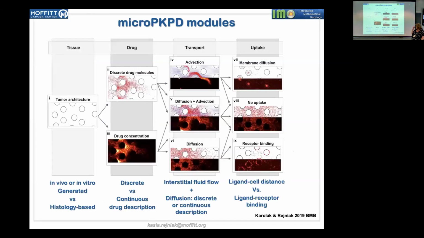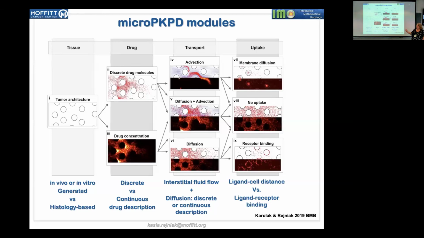Okay, so the micropharmacology framework that we want to use, depending on the problem, we can use different modules. We are interested in the tissue architecture, so we will have the tissue structure. When it comes to the drug or metabolites, we could incorporate discrete drug molecules or metabolite molecules, or continuous drug concentrations. When it comes to transport, we can include advection with the interstitial fluid or diffusion or a combination of both of them.